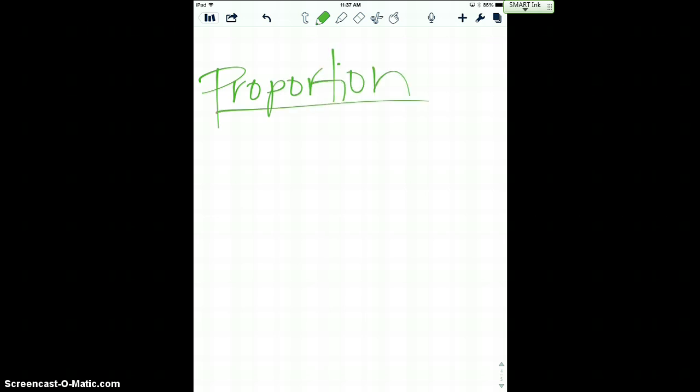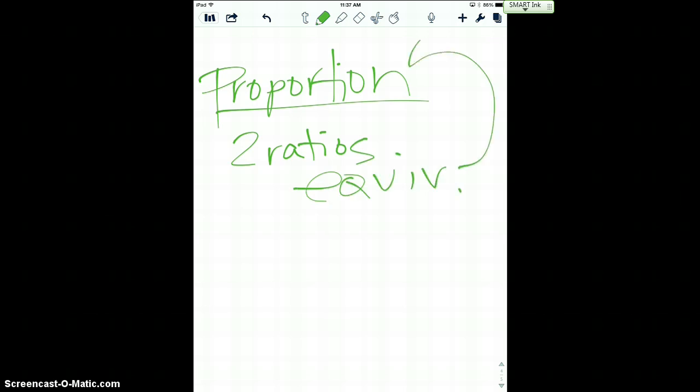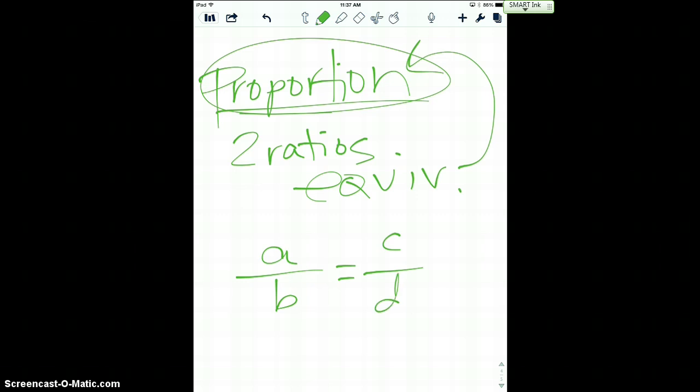And a proportion, if you remember at all what that means, is when you have two ratios that are equivalent to each other. Then we can form a proportion. If not, you can't form it. And then if you actually form a proportion, let's say the proportion, all in variables here, is A over B equals C over D, then there are certain terms within a proportion.